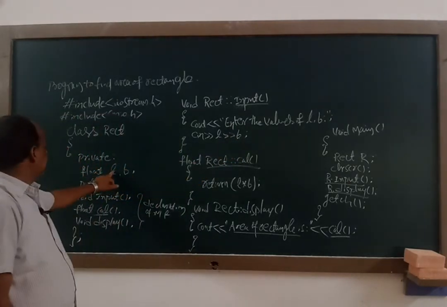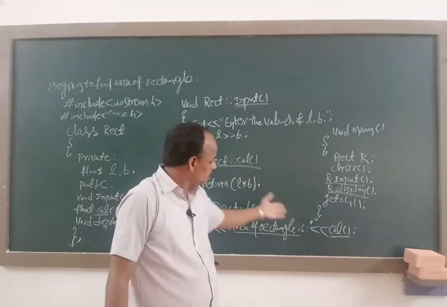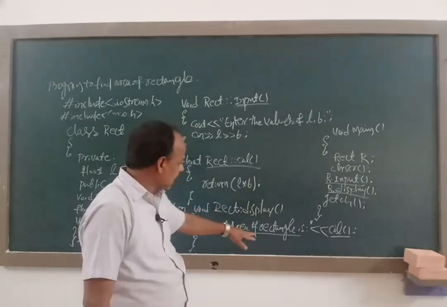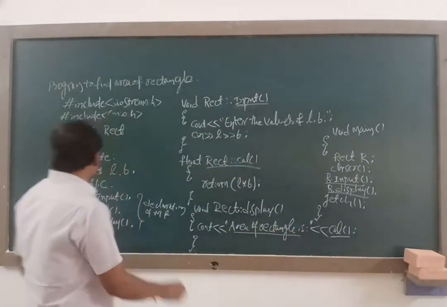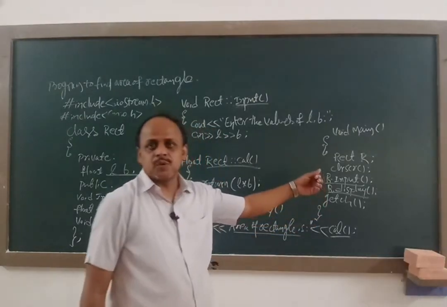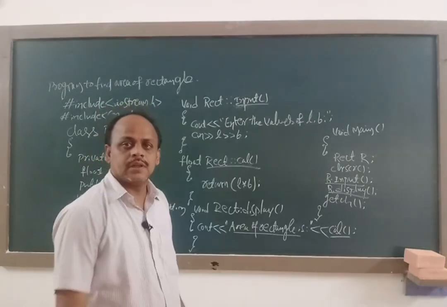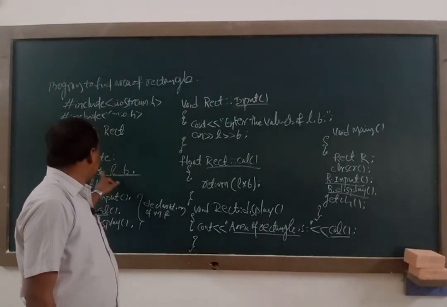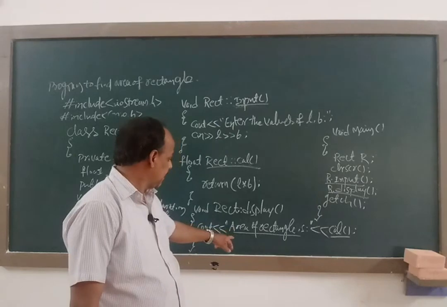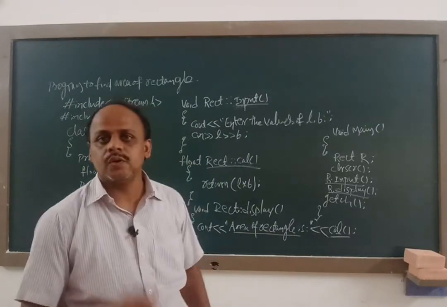Here L and B are float, therefore we get a float answer. Even if we enter int values, at the end we get float, because we declared L and B as float. Therefore we get area of rectangle is some value like 25.75. Like that we get some float value, so the final result is float.